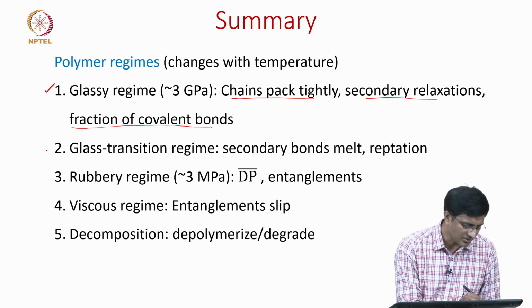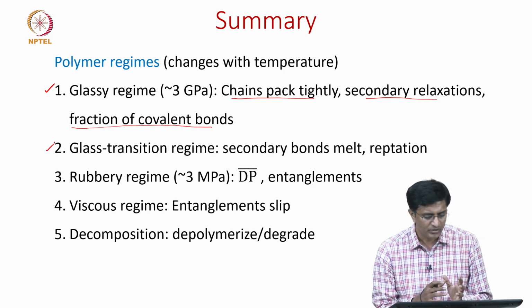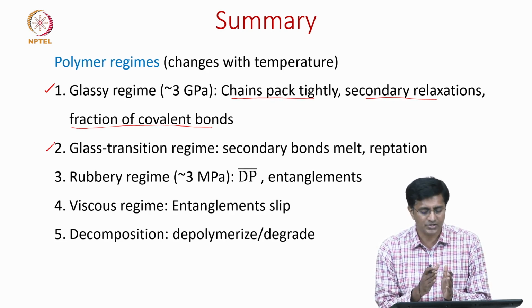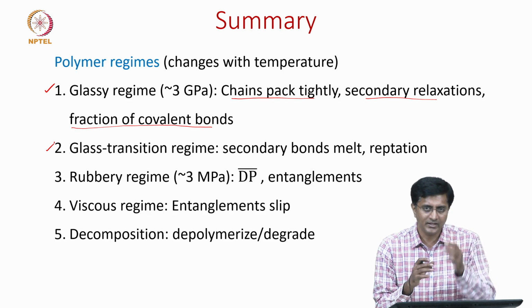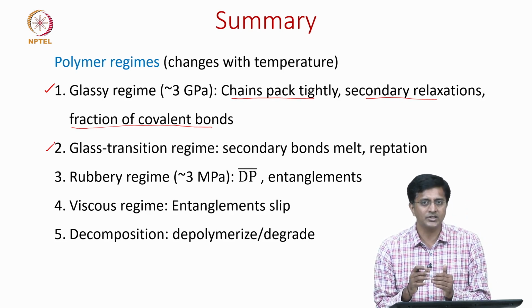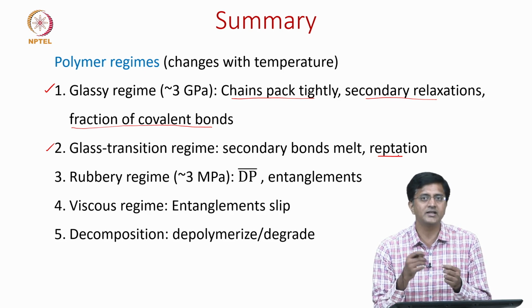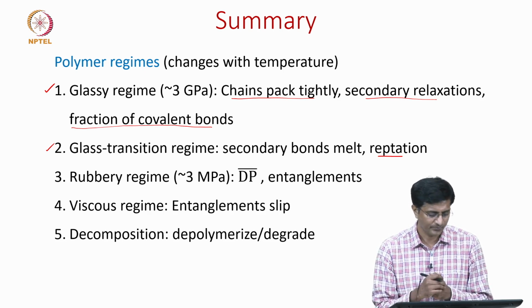Next is the glass transition, which we covered in today's video. It talks about how, as we increase the temperature beyond the glass transition, we break the secondary bonds. And then there is a large decrease in the modulus, mostly because of reptation and an increase in the free volume.